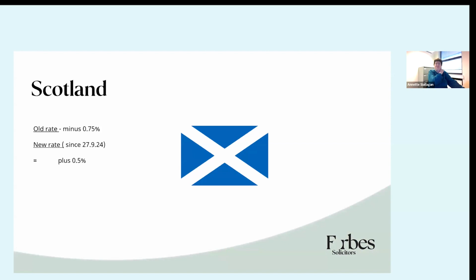Looking at Scotland first, the old rate until very recently was minus 0.75%, and the new rate since 27th of September 24 is plus 0.5%. So when you're doing your calculations in Scotland, you will obviously be applying the plus 0.5% discount rate to the table to get the correct figure.